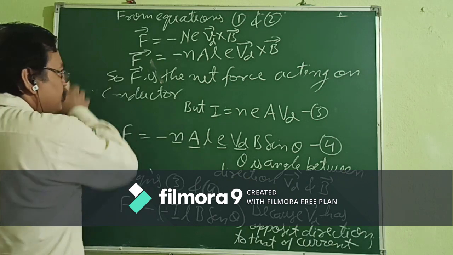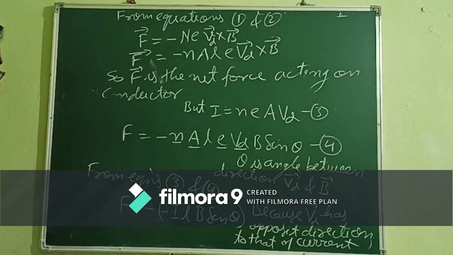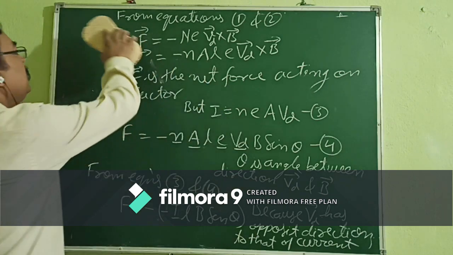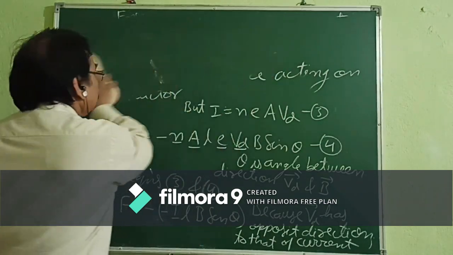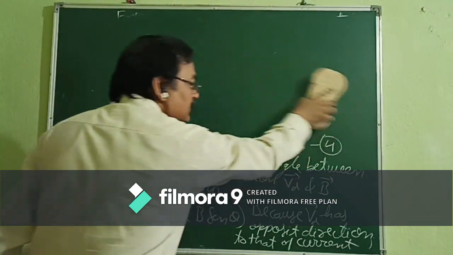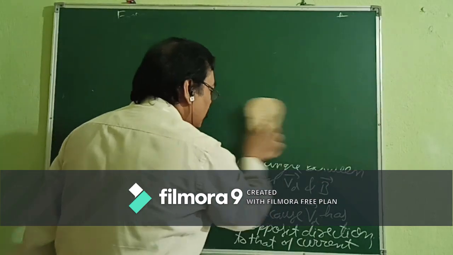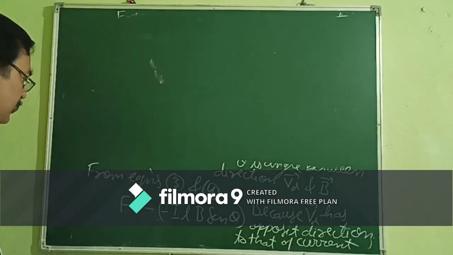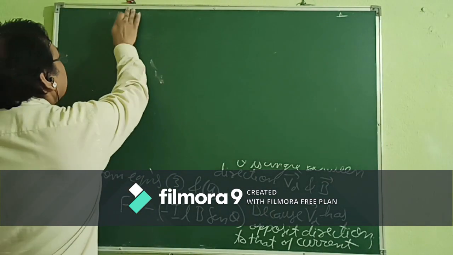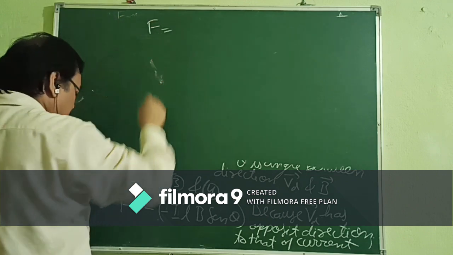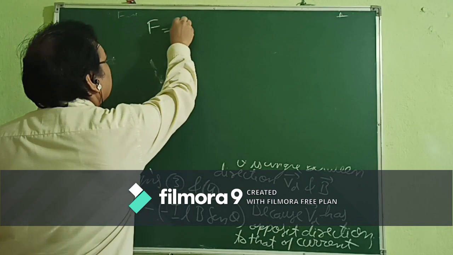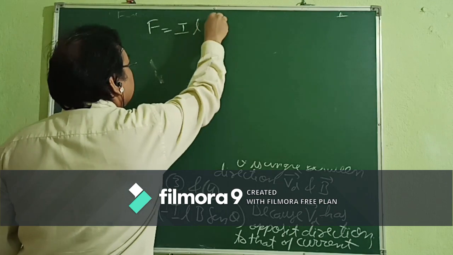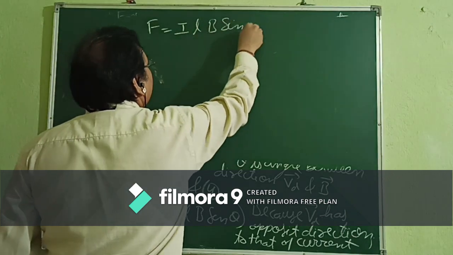So what do we get? Should I rub the upper part? I hope you have done. Now, once I have removed it, we get F is equal to, minus is gone, so we have got I L B sin theta.